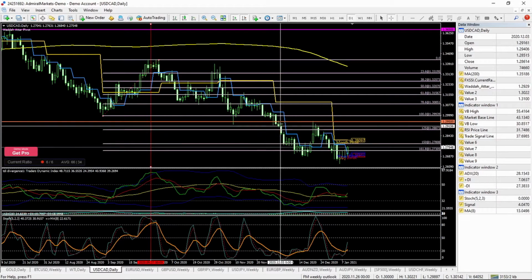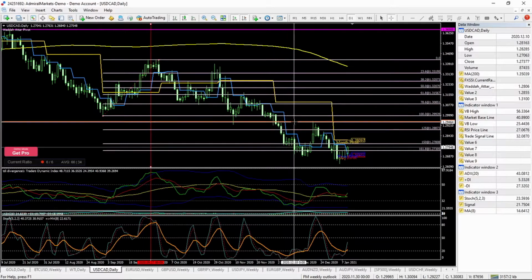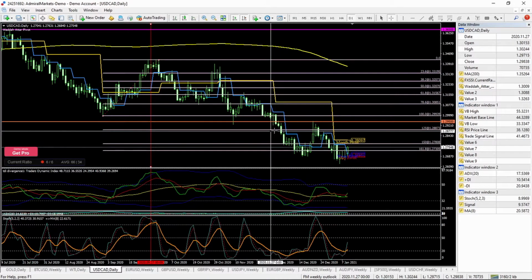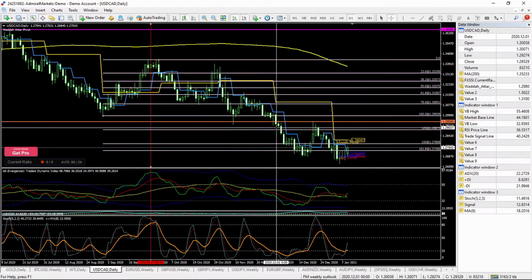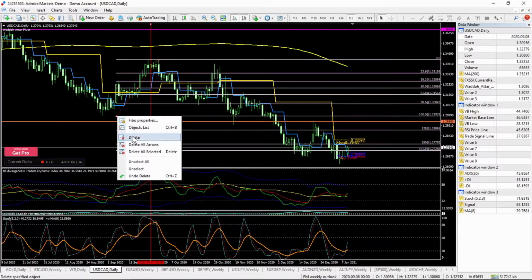So yeah, right in this area would be a perfect place to take my profit. I might even take it right here at the support, but being that this is 125, I would probably take it somewhere down here, a little bit closer, just a little bit off. So that would be about 375 pips.